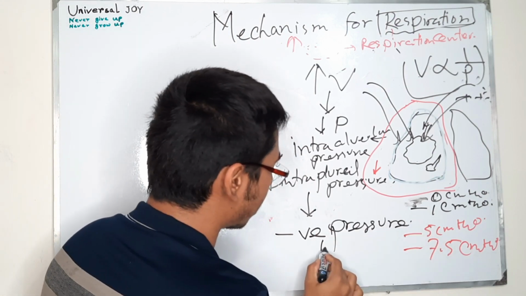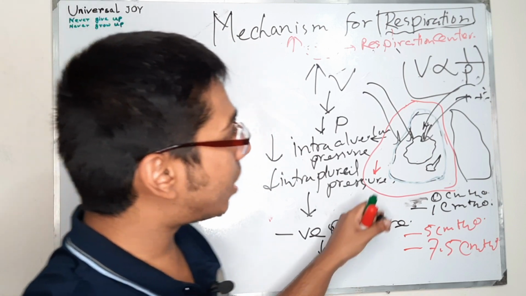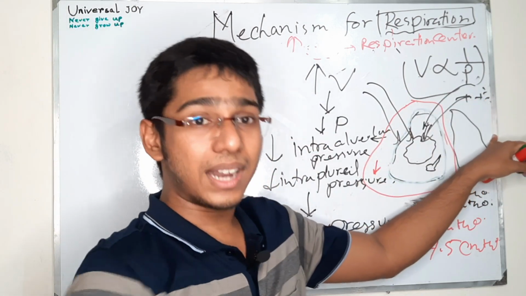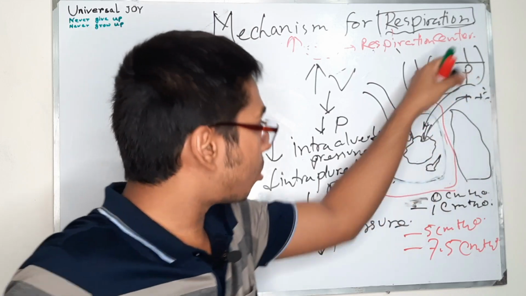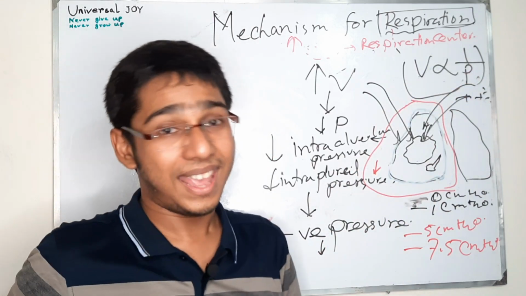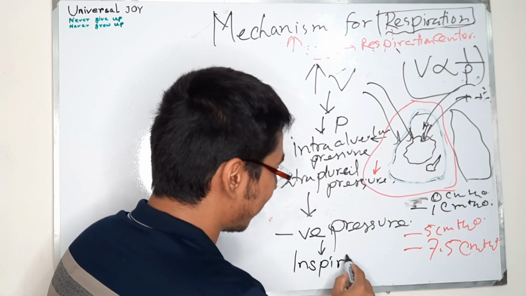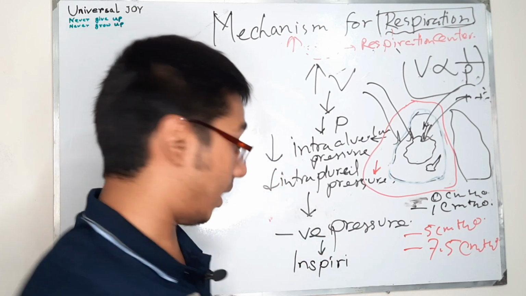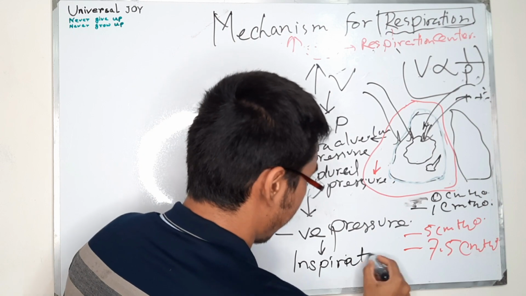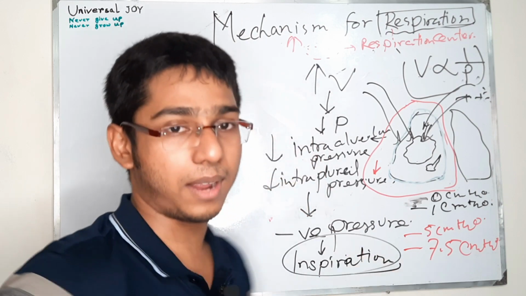And this negative pressure will allow the outer atmospheric air to flow into the lungs through the respiratory tract, and ultimately we will be able to breathe the air into our lungs. That means inspiration will take place.